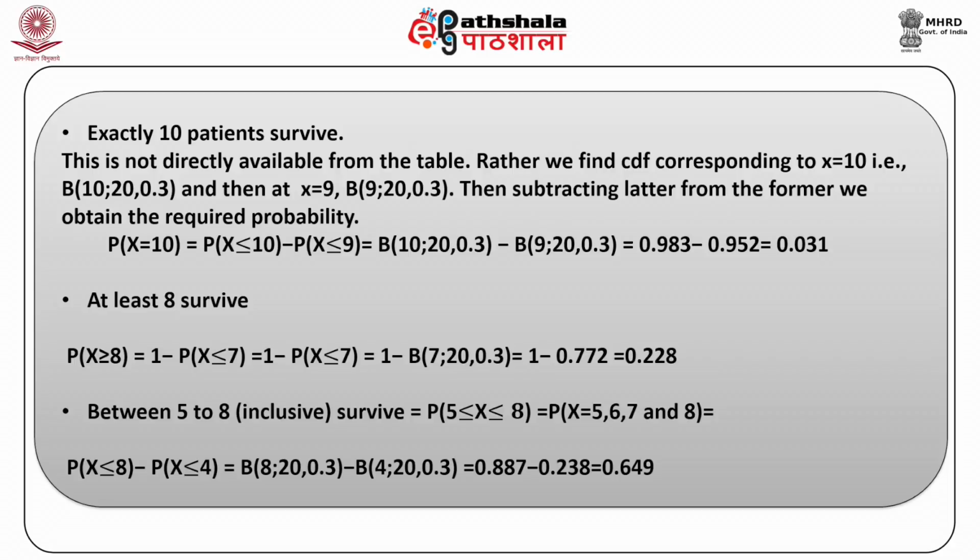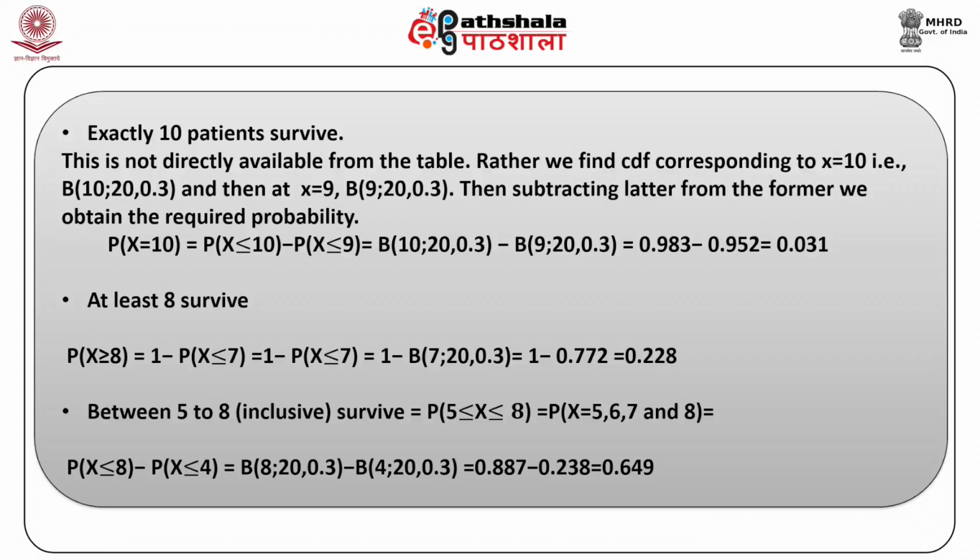Now this will be equal to the probability that X takes a value less than or equal to 8 minus the probability that X takes a value less than or equal to 4. And this can again be calculated from the tables, and we find that it is the cumulative distribution function of (8, 20, 0.3) minus the cumulative distribution function of (4, 20, 0.3).